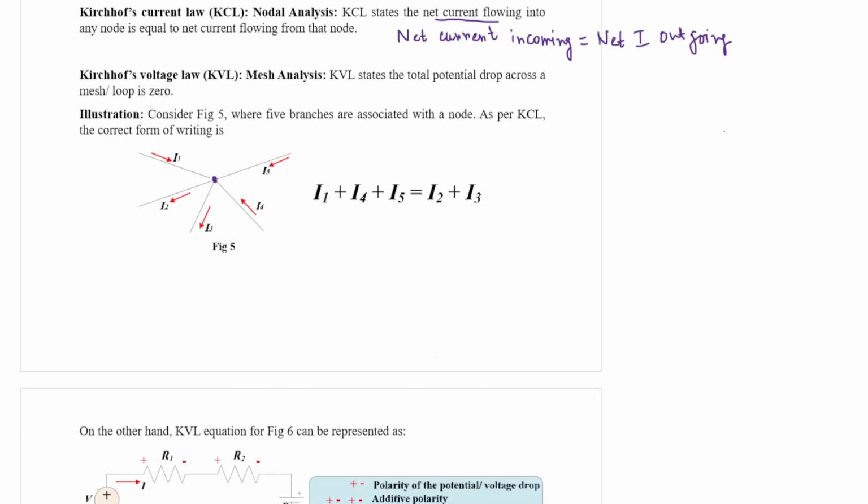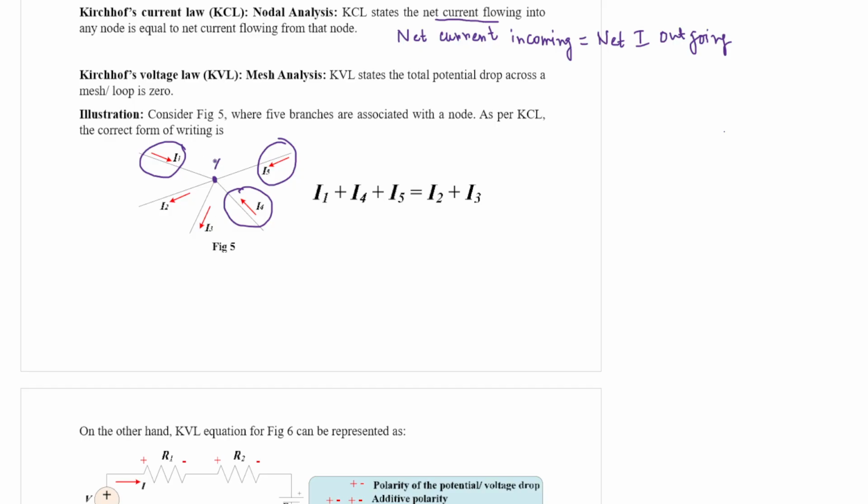So if you consider this simple circuit, figure 5, we can see that I1, I5 and I4 are flowing into the node. So they are called incoming currents to the node.